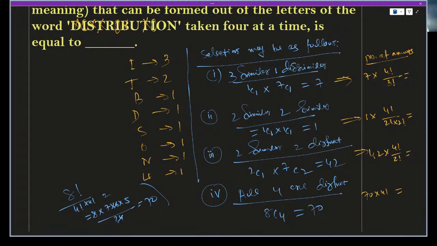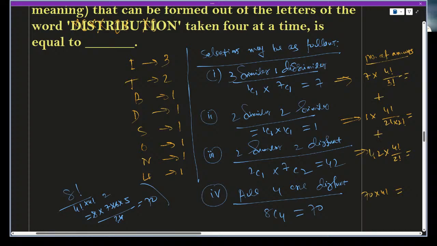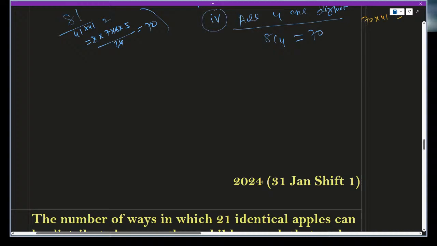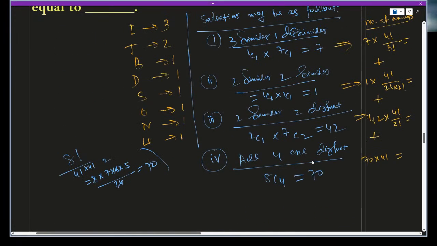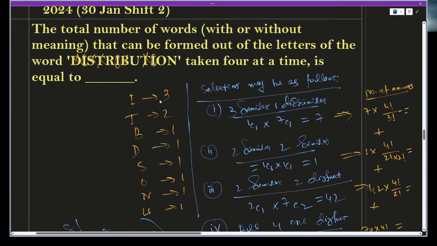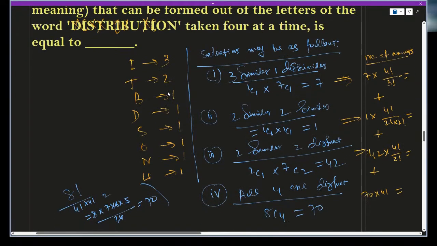Then add all the cases. Required number of words will be like this. All four are different. All similar not possible because three only maximum similar. No? It's a 4-letter word. Understood? It's clear?